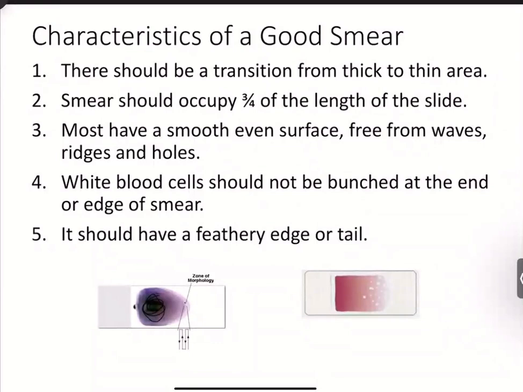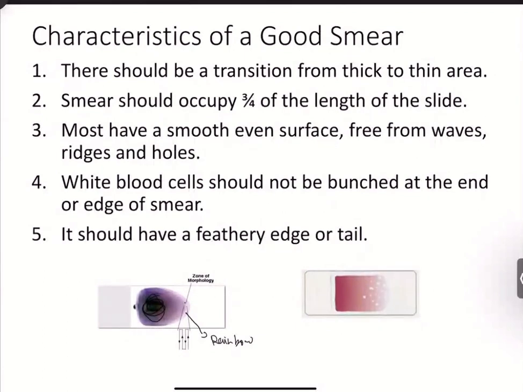You should distinguish these three parts. Now, the tail will have a rainbow appearance when held against a good light source. That is the feathery edge that is being noted.